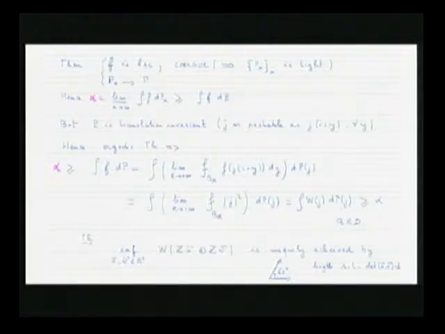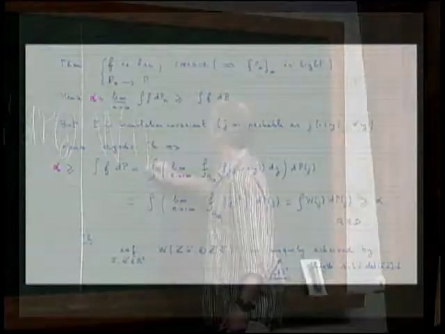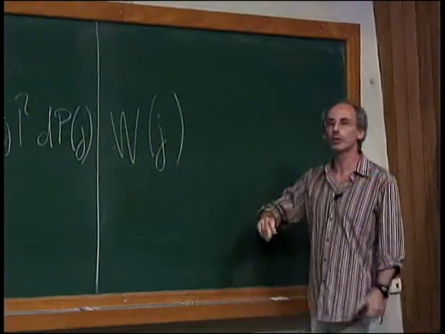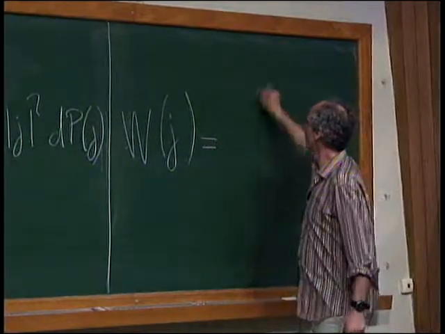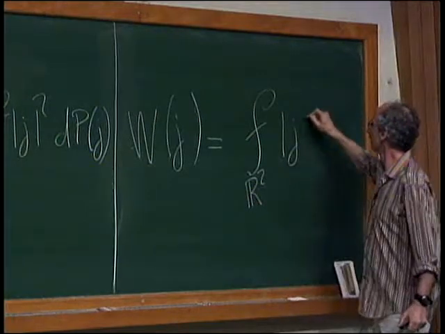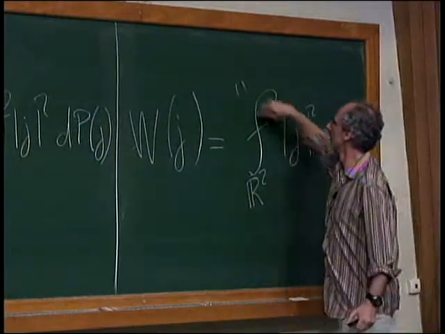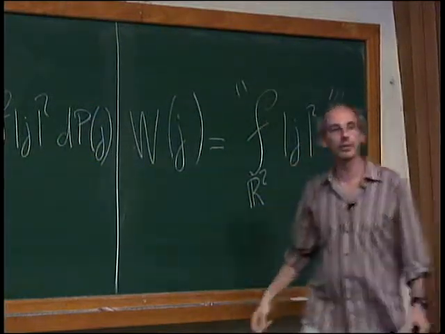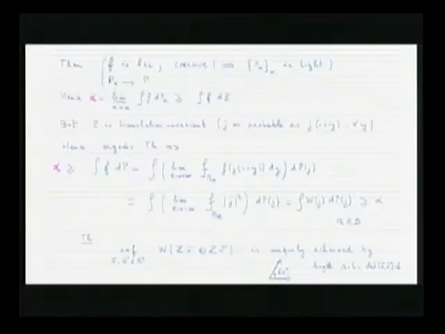I don't know. But out of it, I tended to use this notation W of j. So this is this quantity where you have removed the infinite parts.